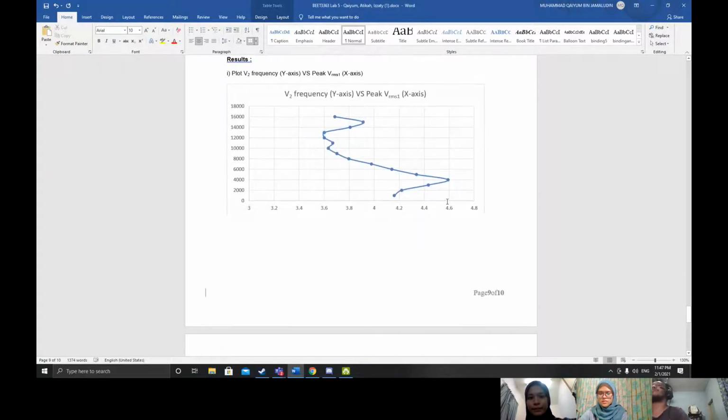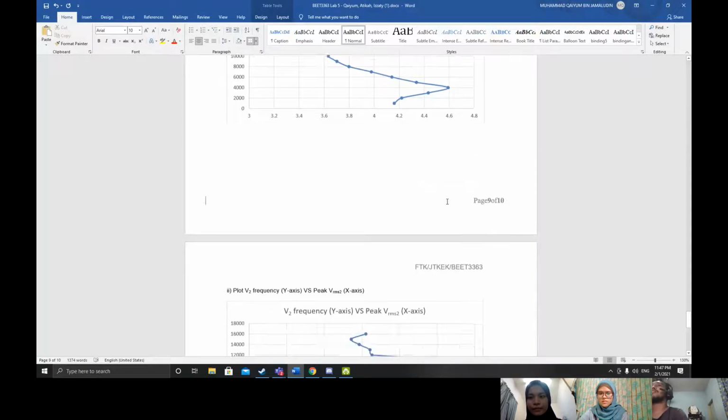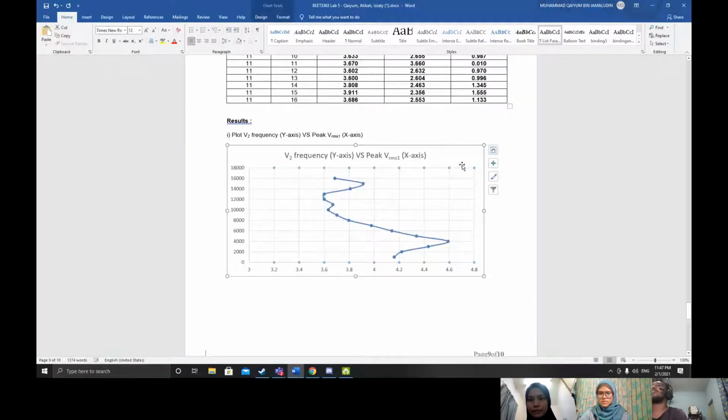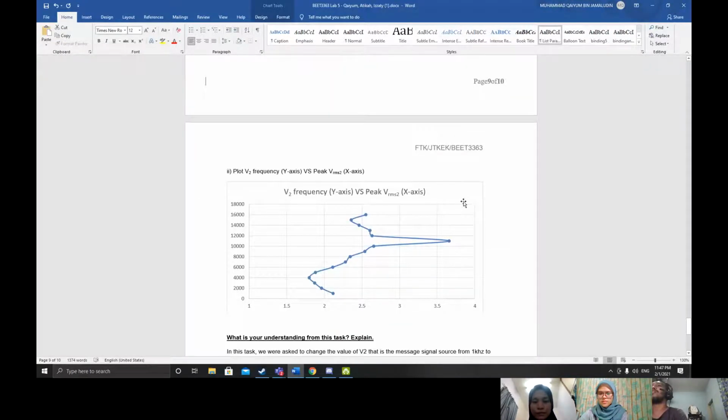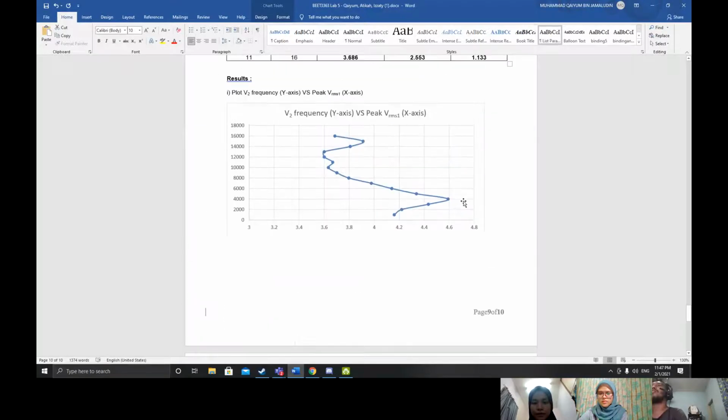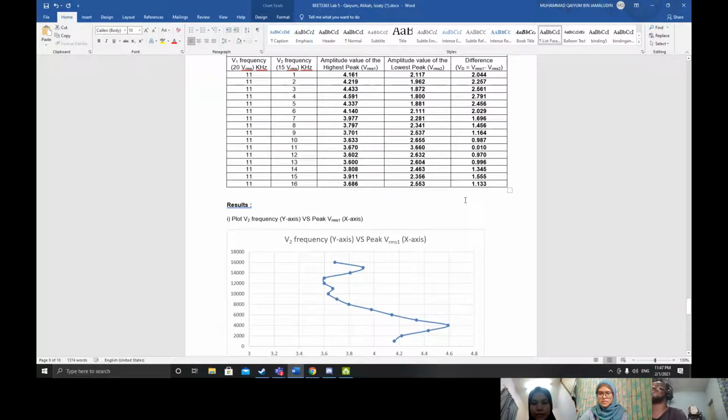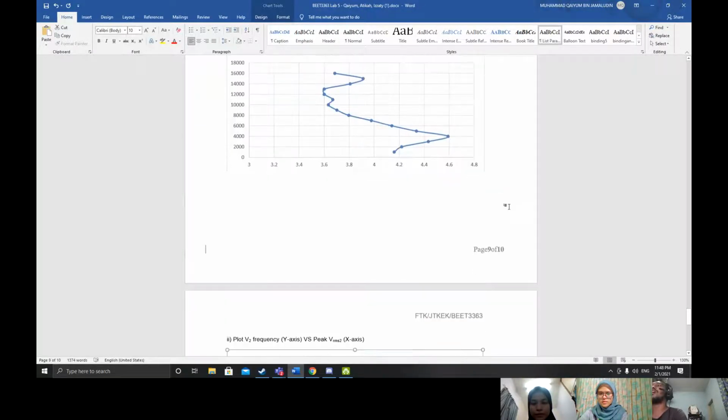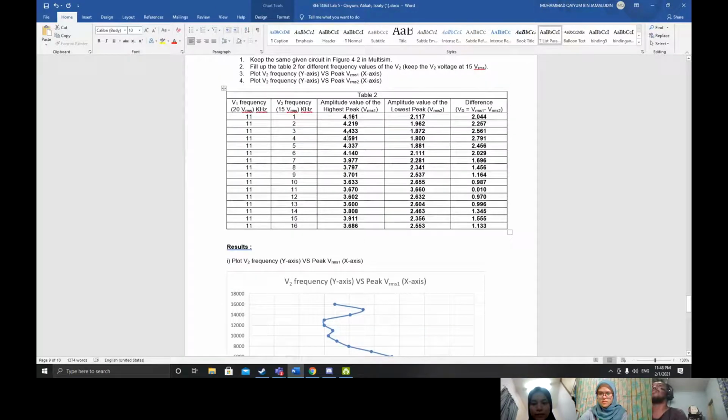As a result, we can see that overall it is unstably high and low, because as we can see here, the difference tells the amplitude of VRMS1 and 2.